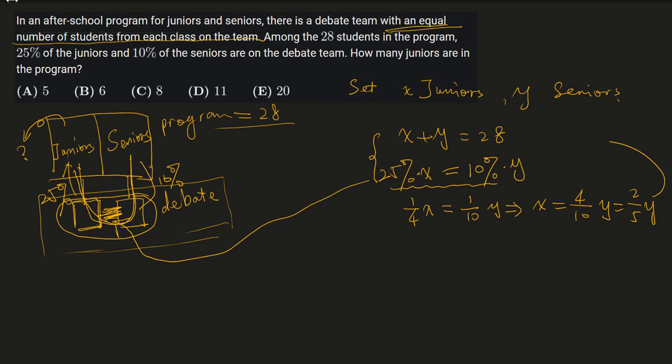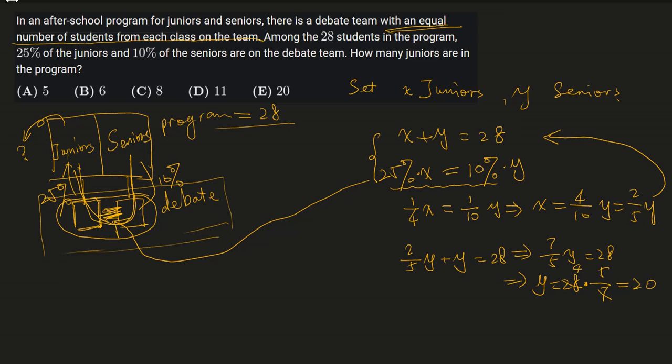And then we plug this into this equation. And then we'll have 2/5 of Y plus Y equals 28. And that is 7/5 of Y equals 28. Therefore, Y equals 28 times 5/7. And we cancel this 7 with this 28, that's 4, which equals 4 times 5, that's 20.